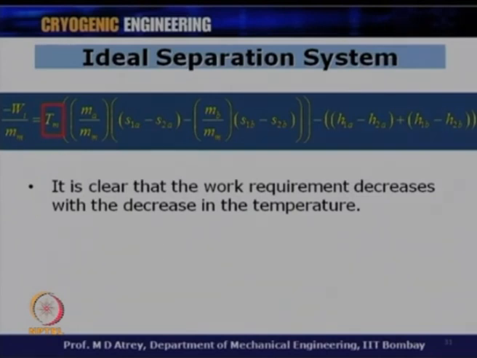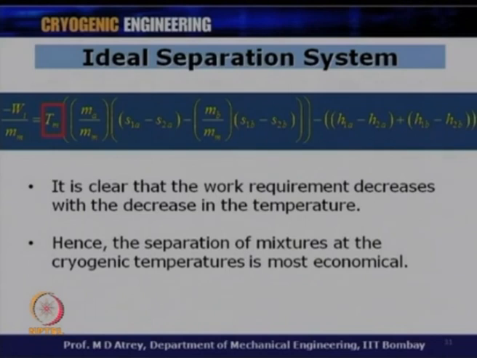It is clear that work requirement decreases with the decrease in temperature. Hence, the separation of mixture at the cryogenic temperature is most economical, and one point is proved mathematically from here: if the mixture temperature Tm is less, the work of separation will be very, very less.